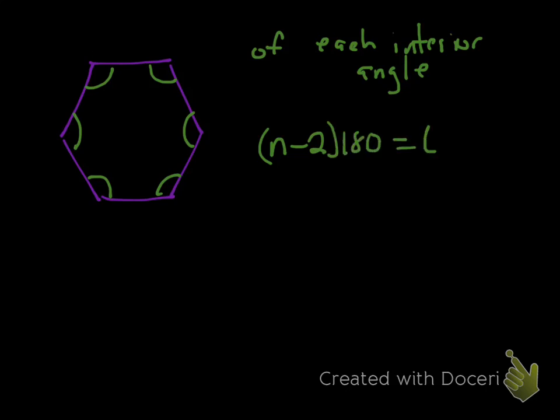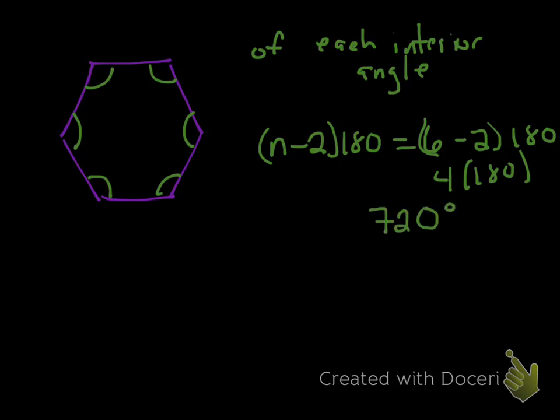Our sides is 6 minus 2 times 180, so that gives us 4 times 180, which gives us 720 degrees total. So that means if I were to take this angle, this angle, this one, this one, this one, and this one, and I added it together, I would get 720.